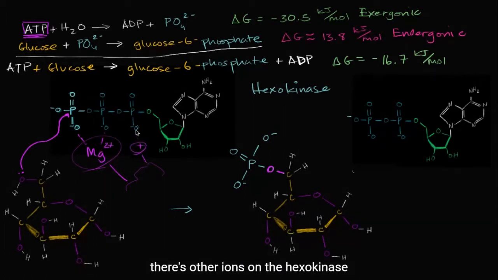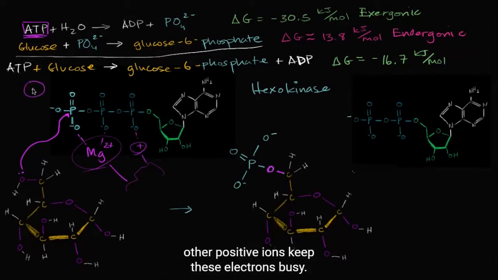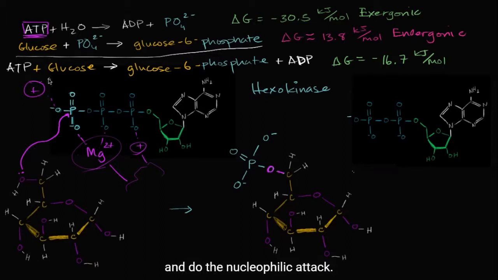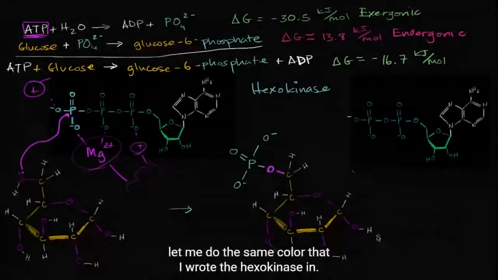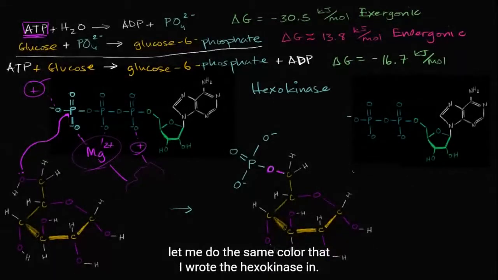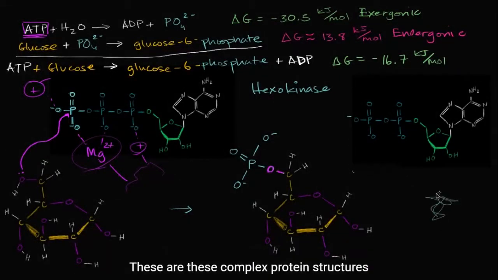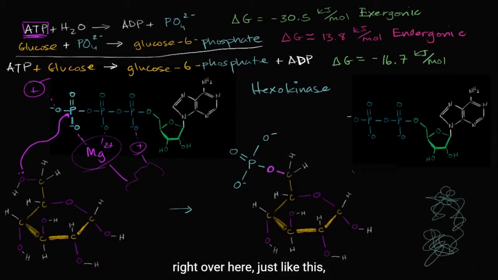Other ions on the hexokinase can keep these electrons busy. And so these electrons can sneak in and do the nucleophilic attack. Remember, when we talk about enzymes, they're these complex protein structures right over here, just like this.